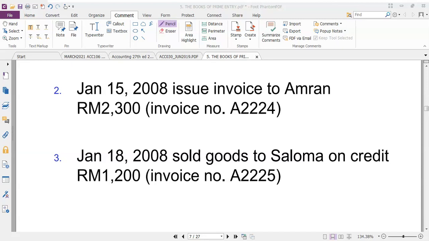Once again, sales invoice adalah evidence. Kalau ada sales invoice, you know what transaction occurred. What types of transaction? Kenapa ada sales invoice ni? Sales invoice ni untuk kita tahu adanya transaction berkaitan dengan apa?